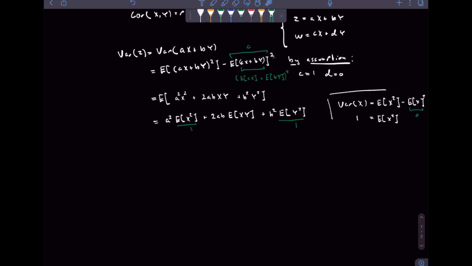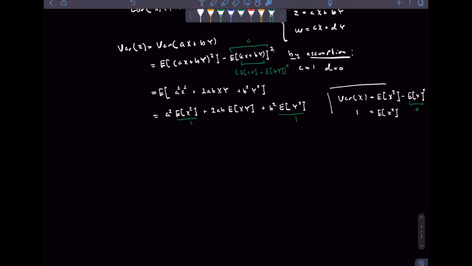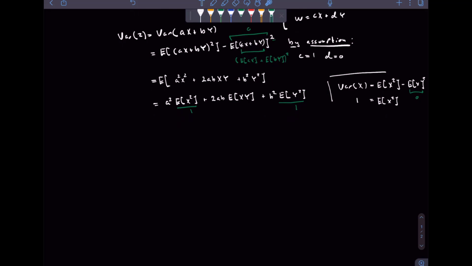And now what is the interaction between X and Y? Let's see if we can link it to the covariance, because that seems to be the most logical place to start.